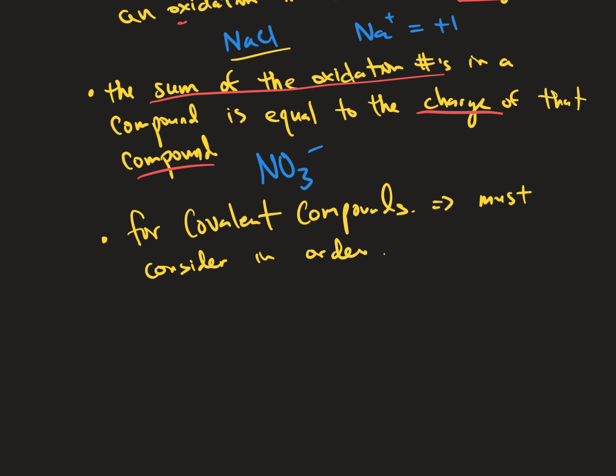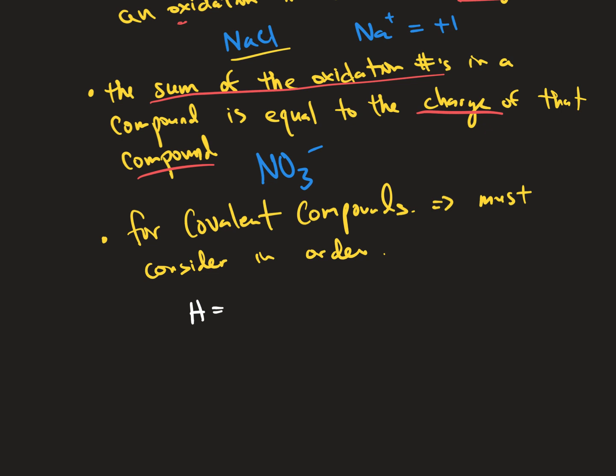So if we have a compound that has hydrogen in it, we look at that one first. We determine what the oxidation number is for hydrogen very first. Why hydrogen? Because it's the king of exceptions. Okay? And what's its charge if it was going to be an ion on the periodic table?